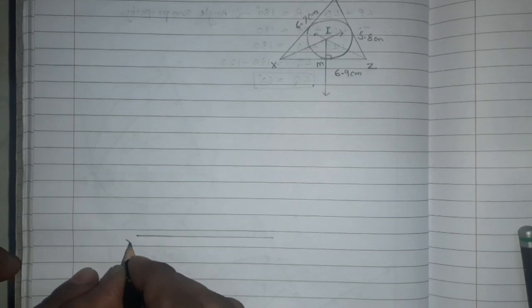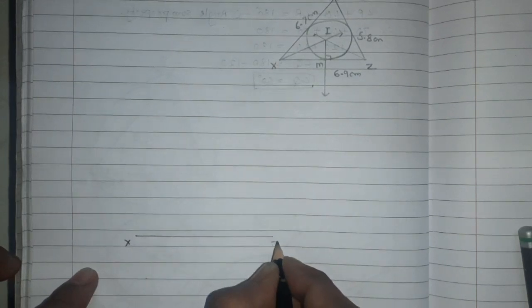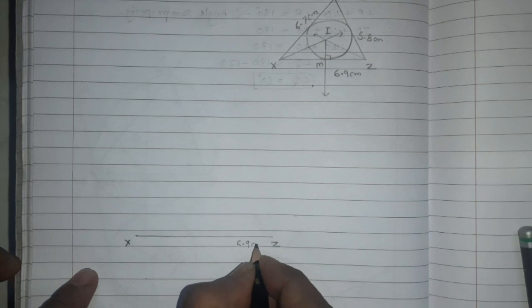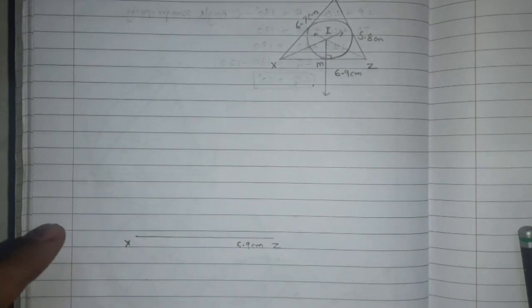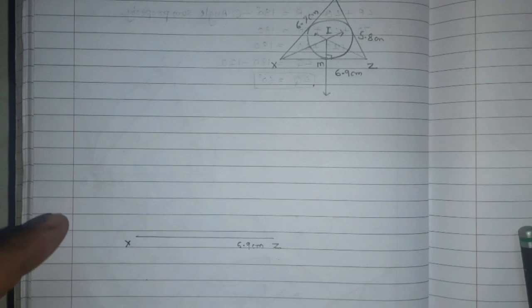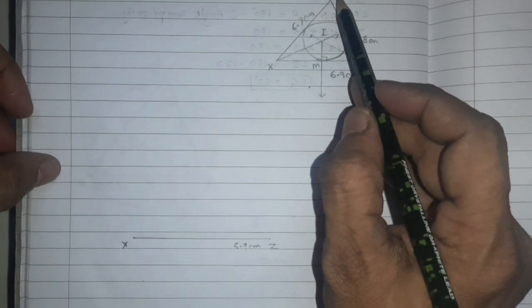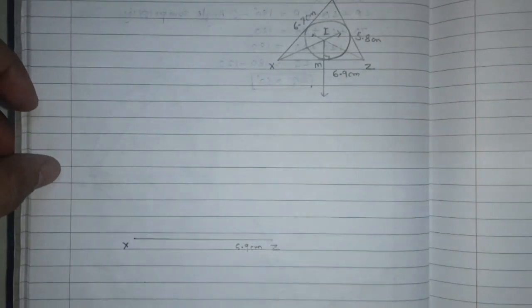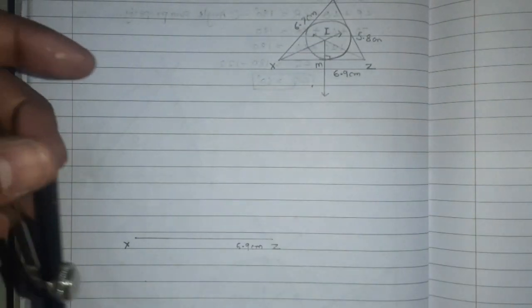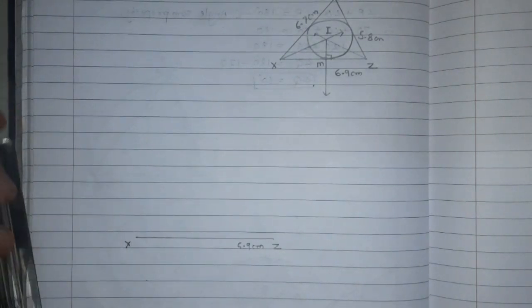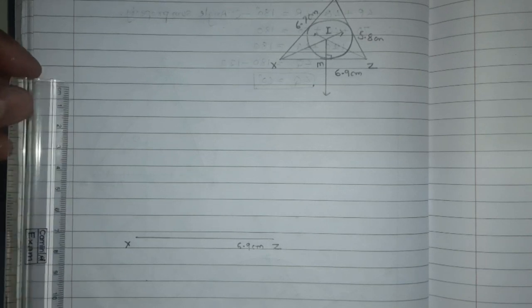It is X, and here it is Z, and it is 6.9 centimeter. Now we have to find out the position of point Y, and for that purpose XY is 6.7 centimeter. Therefore, we have to take a distance of 6.7 centimeter.